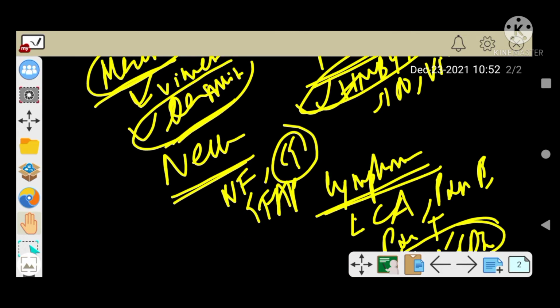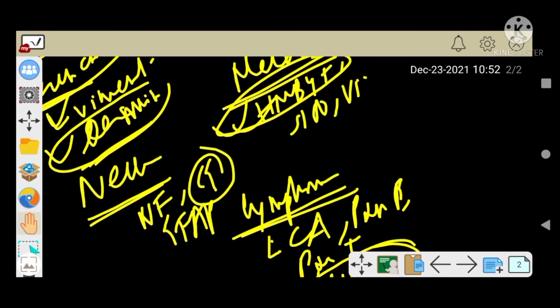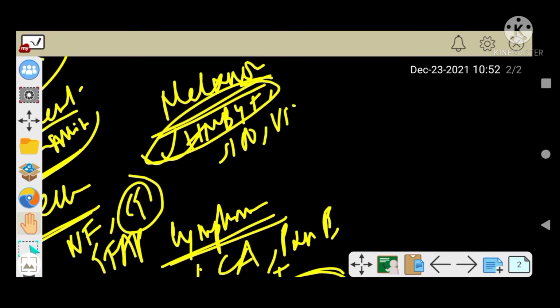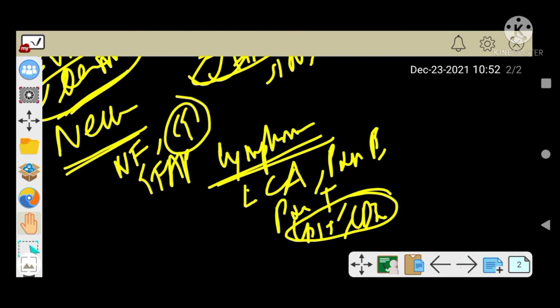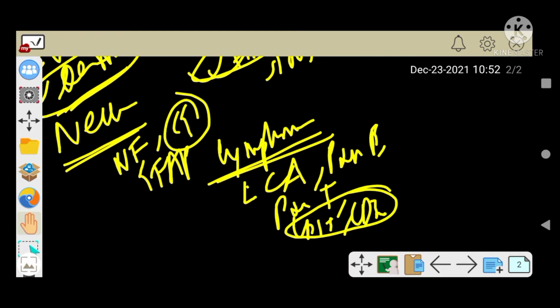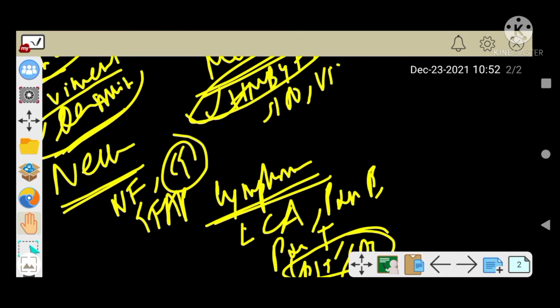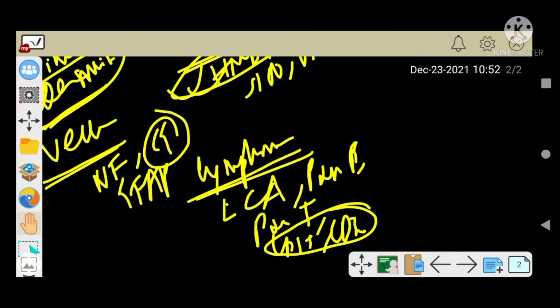For neuroendocrine tumors we have glial fibrillary acidic protein. For melanoma we have HMB45, S100. For lymphoma we have leukocyte common antigen, pan B, pan T markers, and CD15, CD30 markers as well, which are the markers for RS cell and Hodgkin's lymphoma, right?